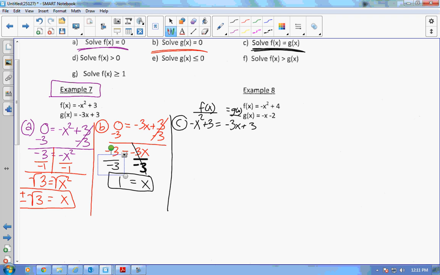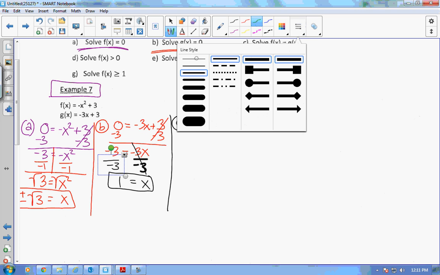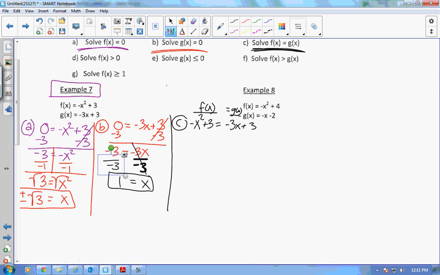We want to move everything to the right so that it's positive. Christian, how do I move the negative x squared over that way? What's the inverse of a negative? Add it. Yep. Positive. So plus x squared.